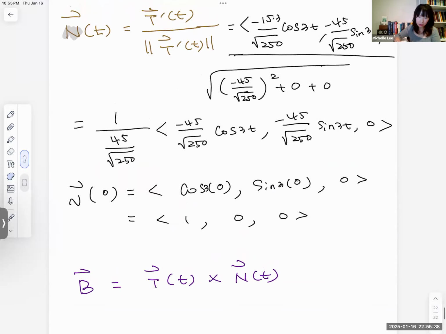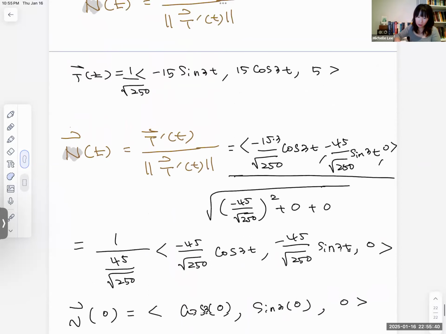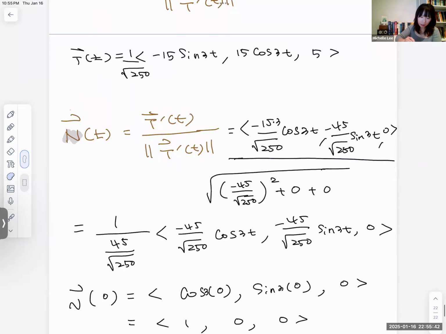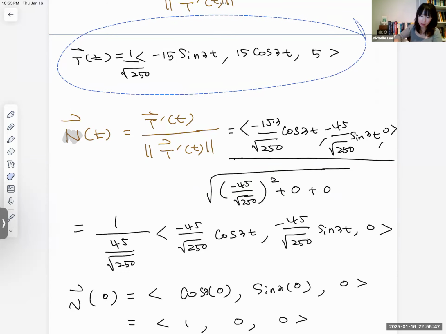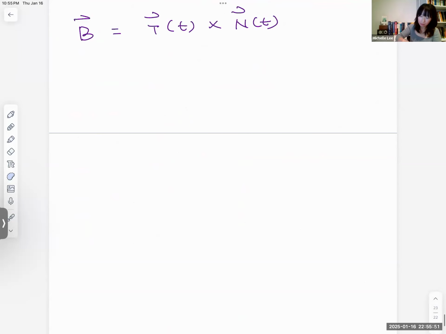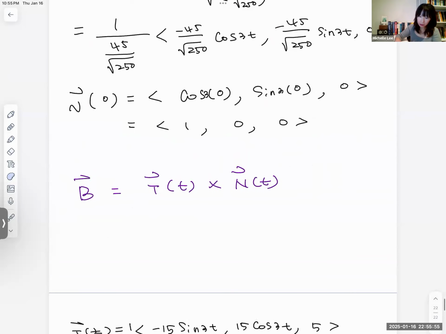Okay. So tangent vector, we get that, right? And normal vector.